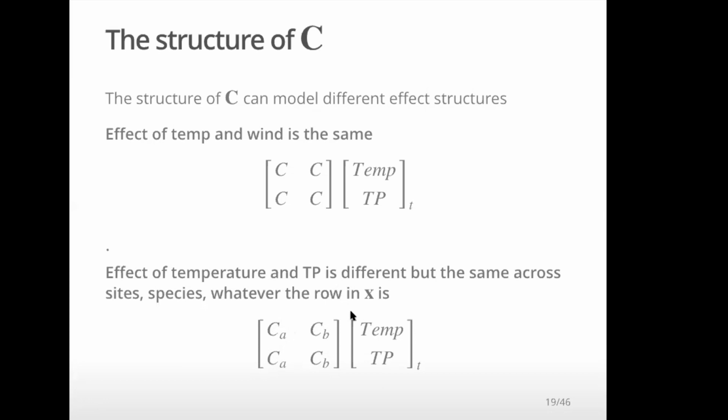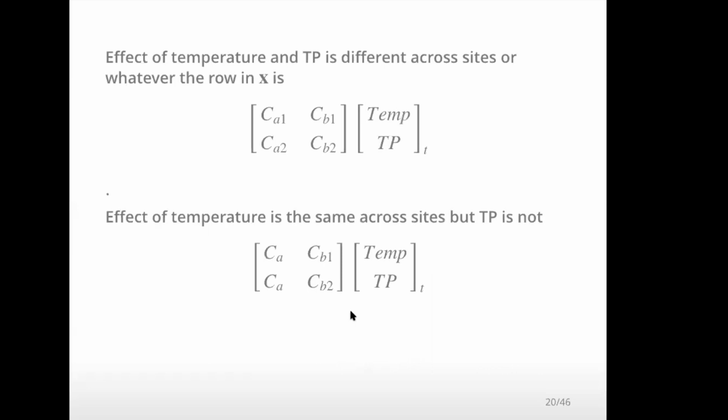Not limited to that though. I could say, oh no, I want all the effects to be potentially different. So in this case, the covariates can have different effects, and they can be different across whatever the x's are modeling.